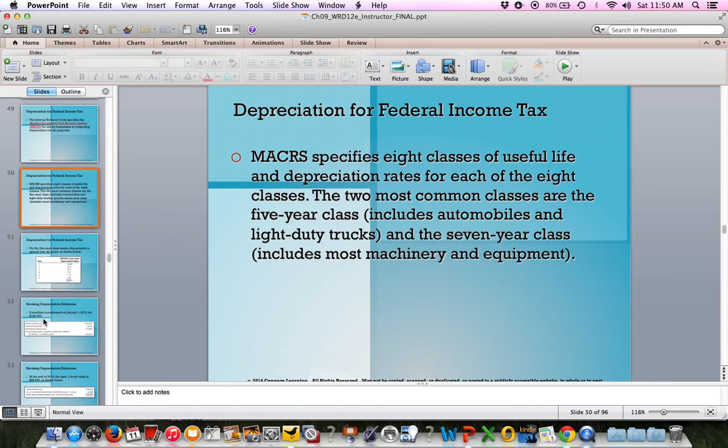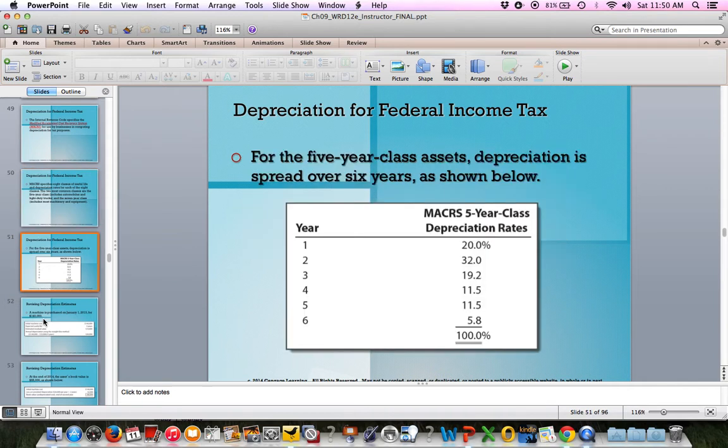Once it's in that category, the MACRS system defines how many years of useful life you can use to depreciate the asset. So for a 5-year asset, here's what you would do. You take these rates. You're still taking a lot early on and not as much later on.